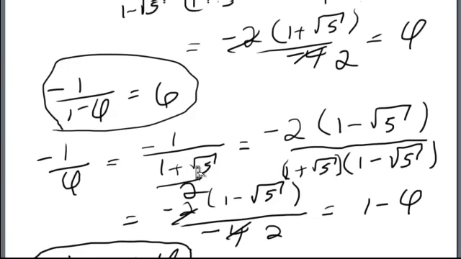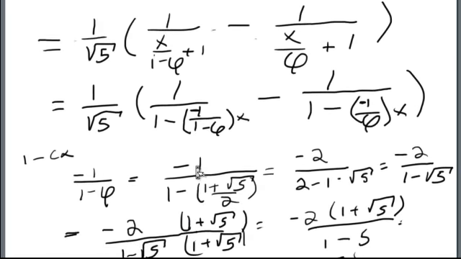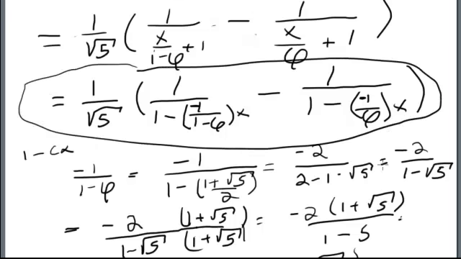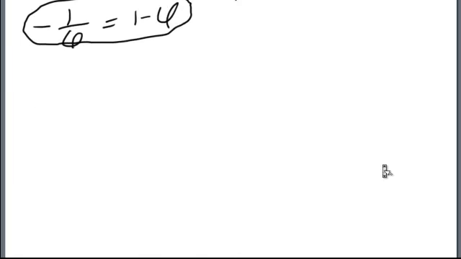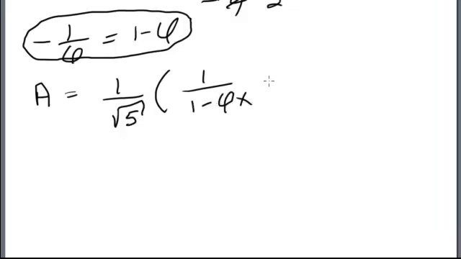So we come back up here. Let's see, we've got to go way up here. Let's see where I'm at. Okay, right here. This is the equation, and we're going to substitute that result in. So we're coming back down here, and A is equal to 1 over the square root of 5 times 1 over 1 minus phi x minus 1 over 1 minus phi x.